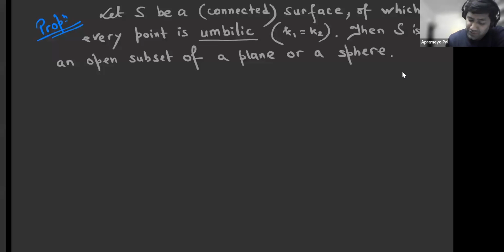We actually computed that for a plane and for a sphere, the principal curvatures are either 0 or 1 essentially. If it's a unit sphere, it's 1, otherwise it's with the proper radius. But the main content of the proposition is that the converse is also true. So these are the only cases when this condition can hold, that every point is an umbilic point.